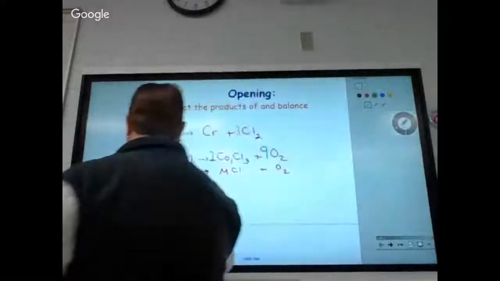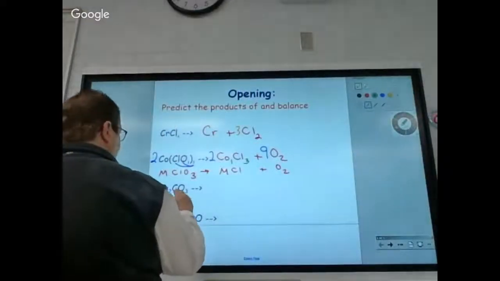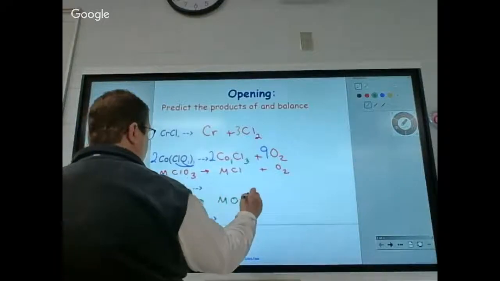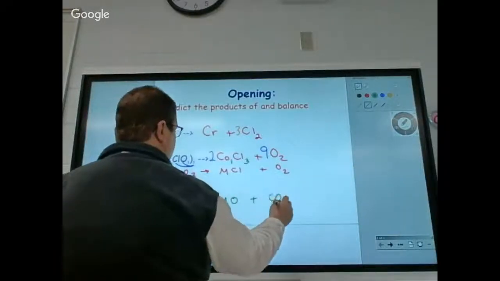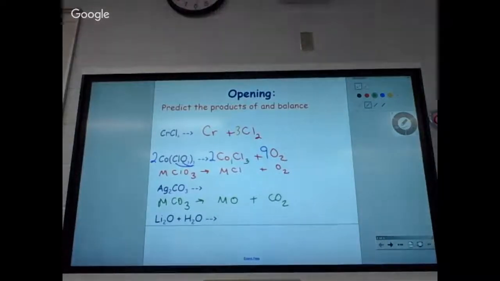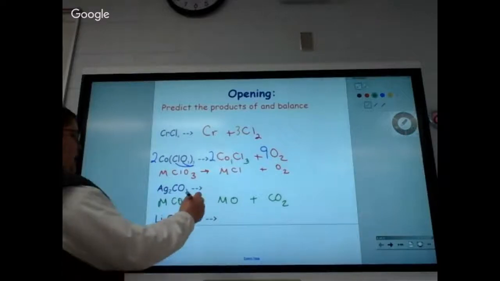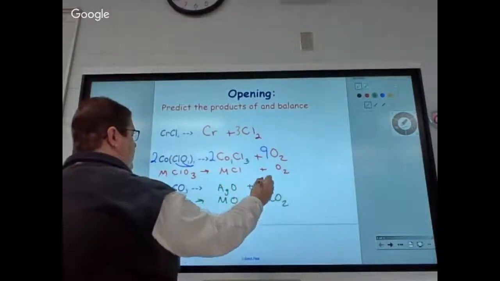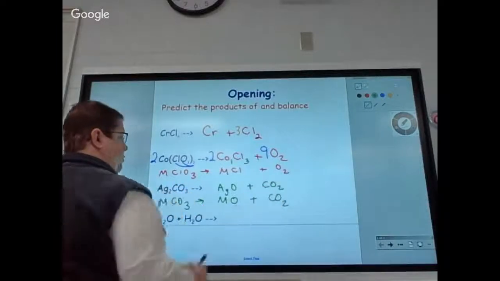So MCO3 becomes MO plus CO2. Okay? Everybody with me on that? Okay, so it goes with the M. Ag. And then O, and then plus CO2.